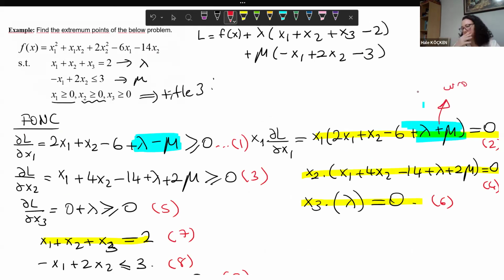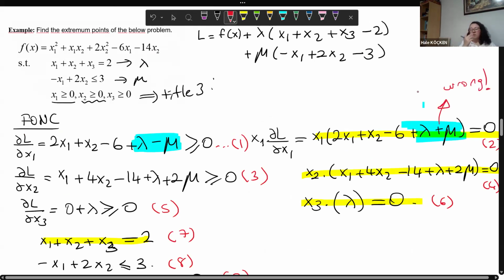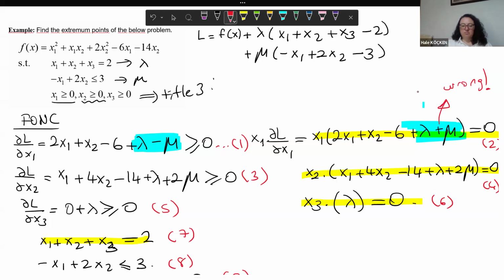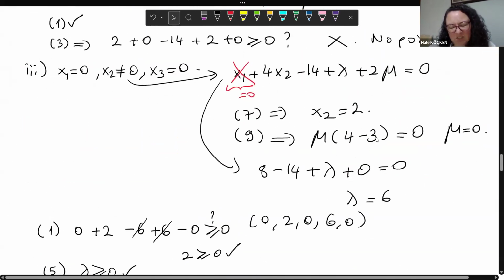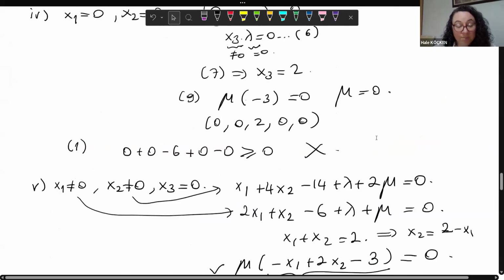This is my mistake. I have to write lambda minus. Sorry, everything will change, maybe. I don't know. So I'm just stopping my case analysis. I think you got the point. I don't want to redo all of them.